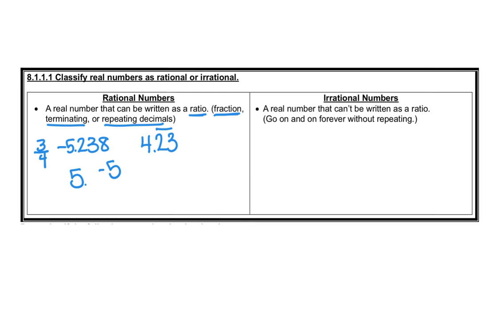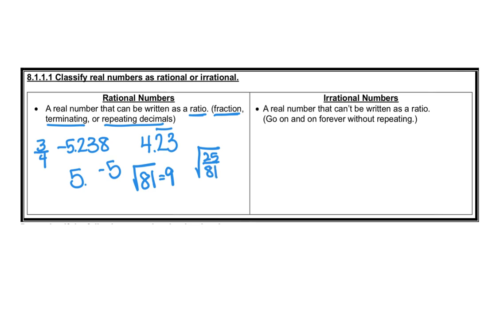Now let's talk about the square roots. If you have a square root of what we call a perfect square, like the square root of 81, well, the square root of 81 is a perfect square, therefore it is going to be a rational number. Same thing would go if I had the square root of something like 25 all over 81.